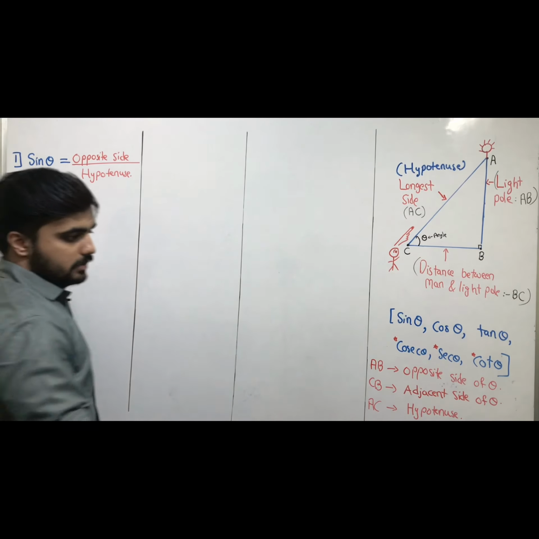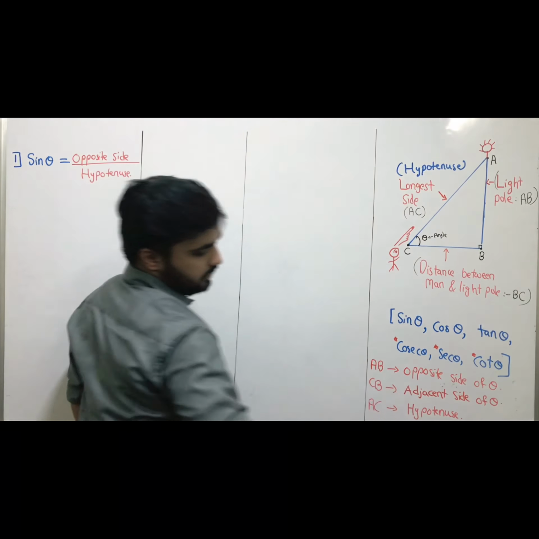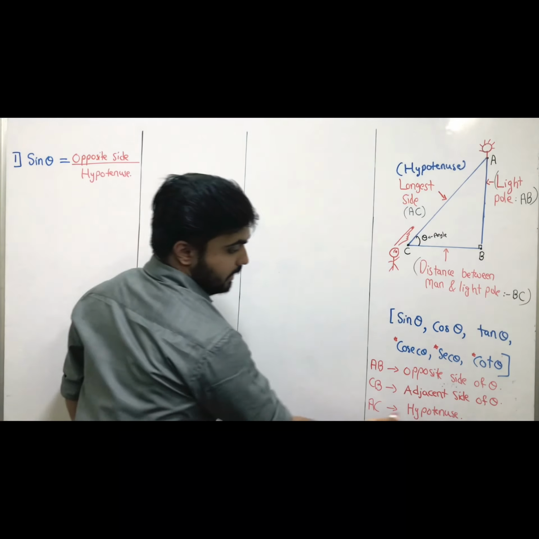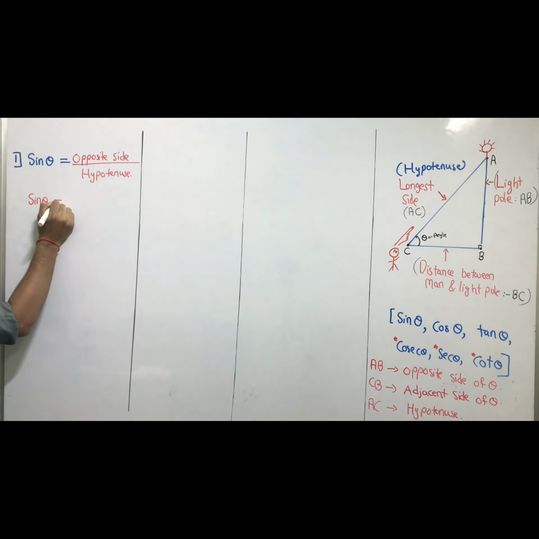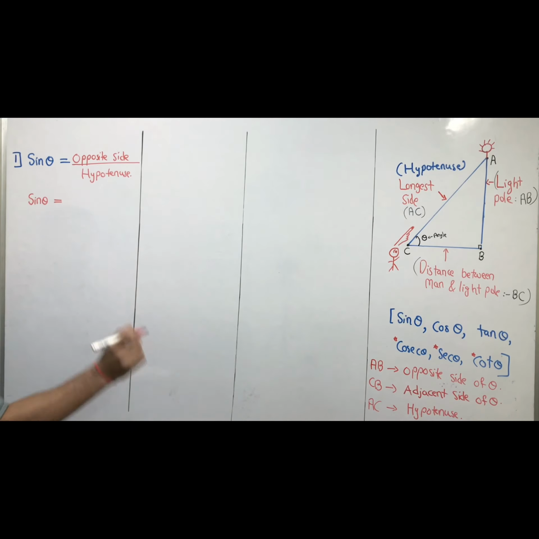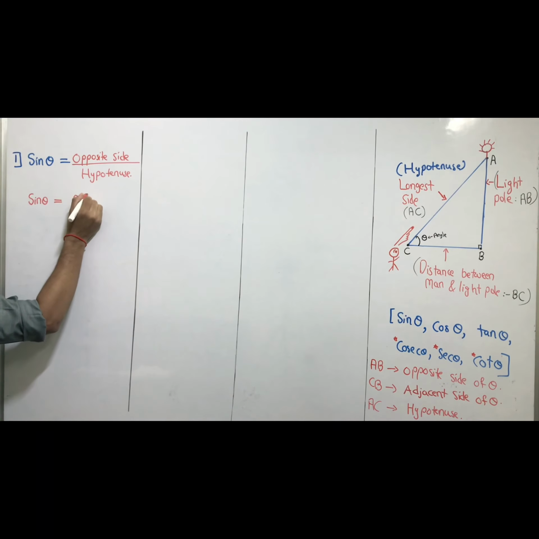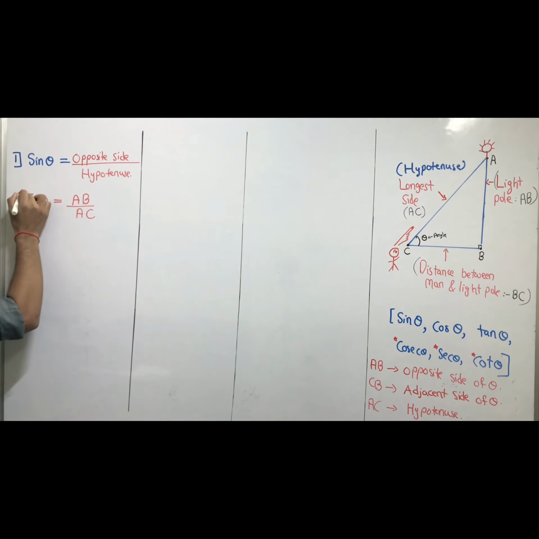So as we know that opposite side of theta is AB, okay, and AC is the hypotenuse. So we can say that sin theta is equal to AB upon AC. So sin theta is AB upon AC, that is opposite side upon hypotenuse.